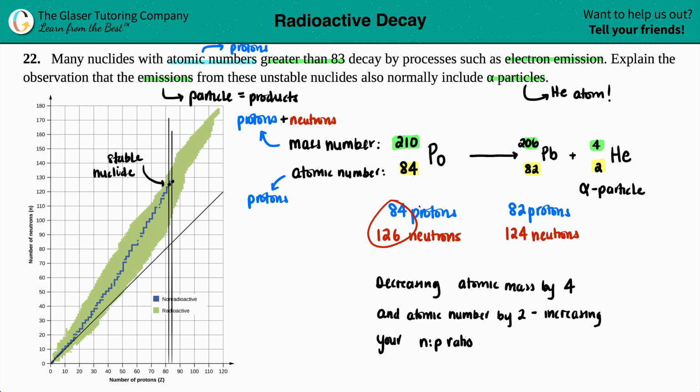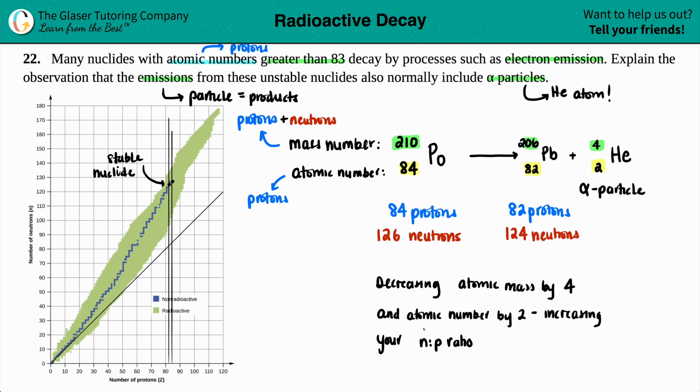And if we do set this up, chances are this one is going to be a larger ratio. Generally, if you are a radioactive material that's low on the graph, you could always emit an alpha particle to bring that ratio up. That's what's happening here. So any time that you have radioactivity that's below your band of stability, you will always emit an alpha particle because it will bring up your N to P ratio, your neutron to proton ratio.